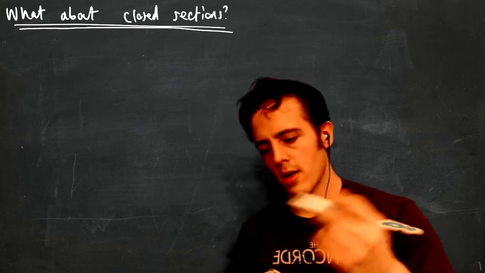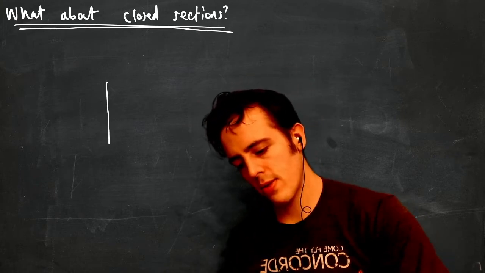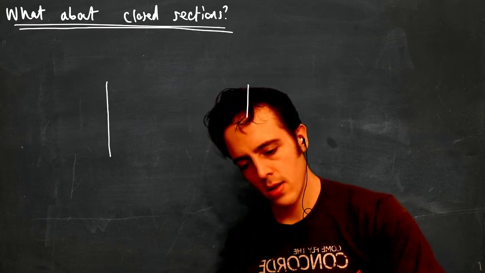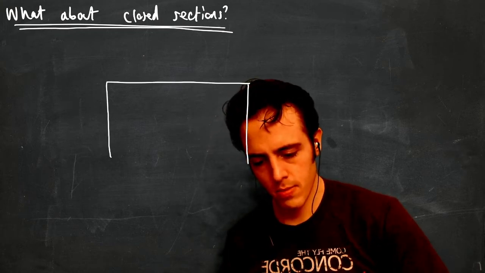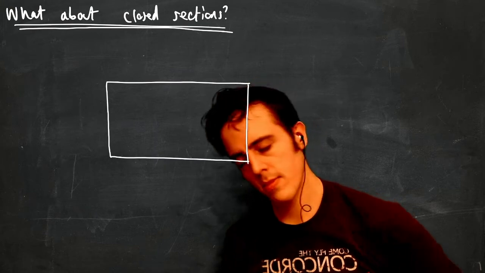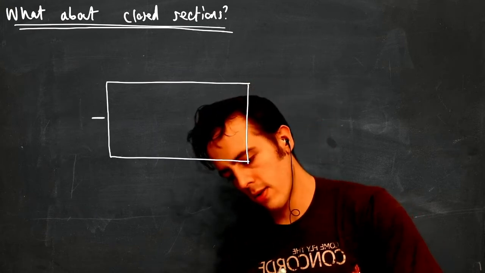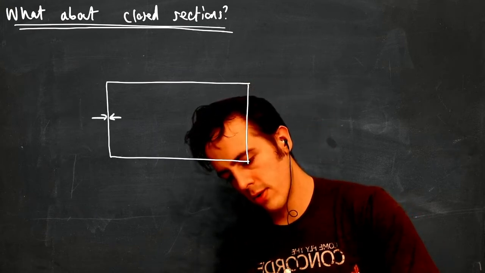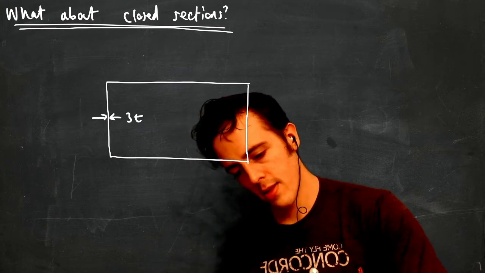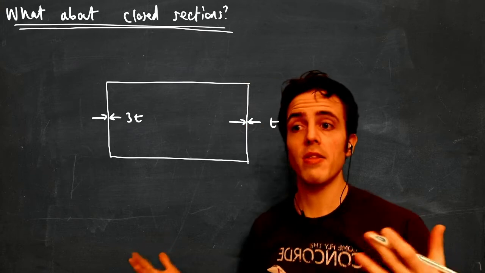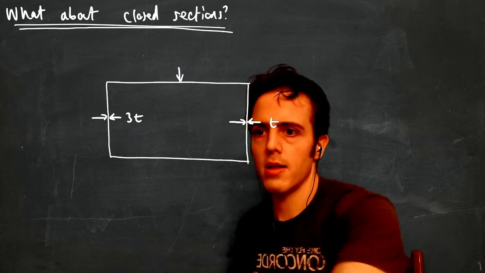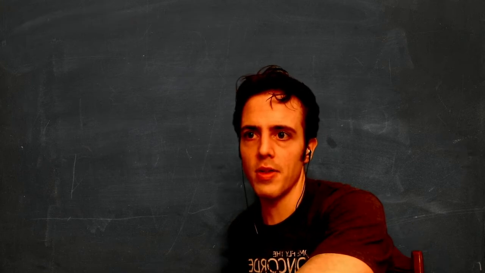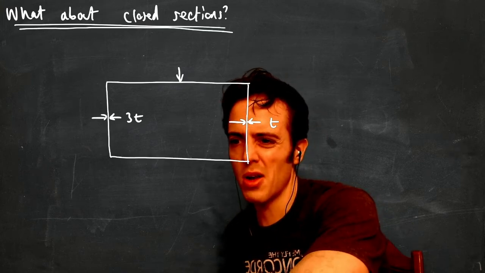Looking at that example, let's say I've got a section that's got two dissimilar thicknesses. Otherwise, if I had a section like this and it had the same thickness all the way around, then the shear center would just be at the centroid. I've done this example in the notes. Let's just make sure I'm using the same one from the notes.